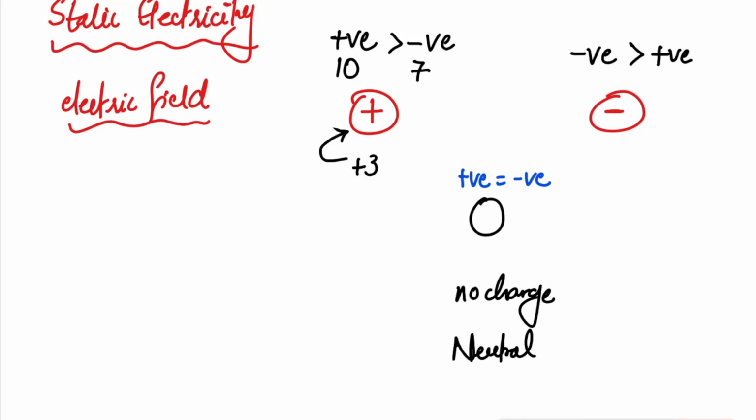Hence, there is no dominance or extra charge available on that sphere or on that charge. So it's all about the quantity. It's not about the pure presence of a positive or a negative or no charge. Do we understand this point? Yes or no? All right.